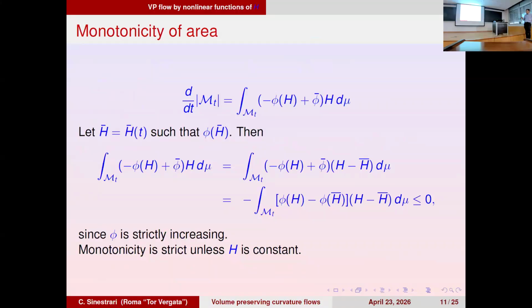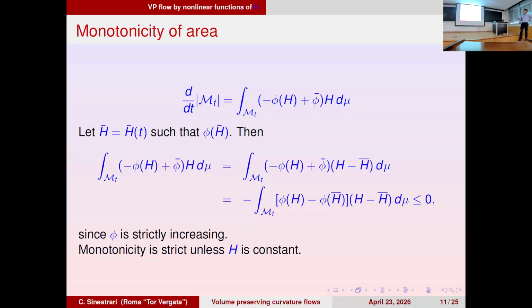First I show you that also in this case we have the monotonicity of the area, like when phi of H is equal to H. One can do again a simple computation. The derivative of the area is the speed times the mean curvature integrated on the surface. Then you can rewrite this quantity in such a way that you see that it has a sign.